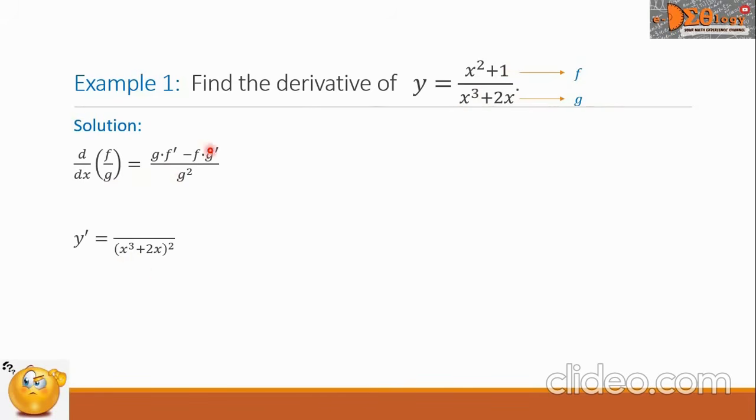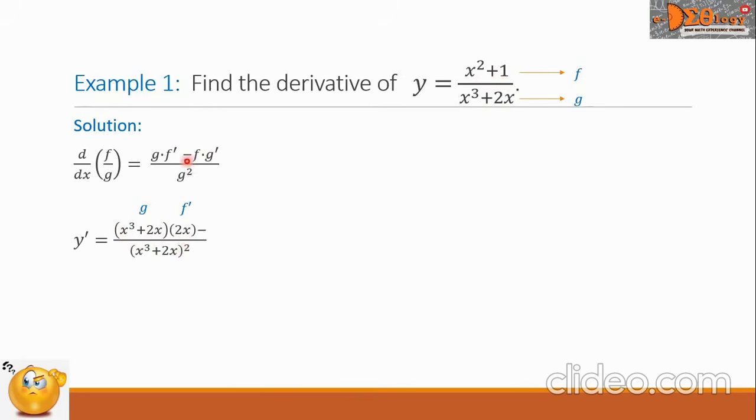And then let's begin with writing the first product. And this is g times f prime. So we write here x cubed plus 2x, that is the g, times the derivative of f. So for the derivative of x squared plus 1, we write here 2x.